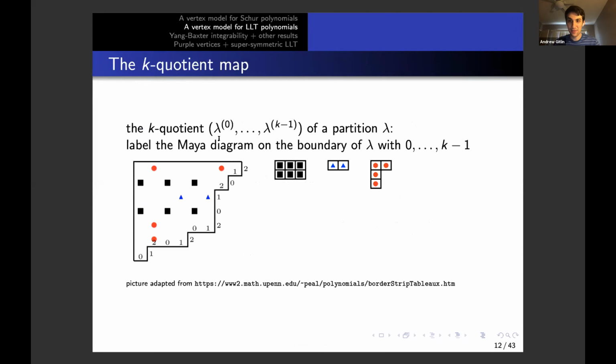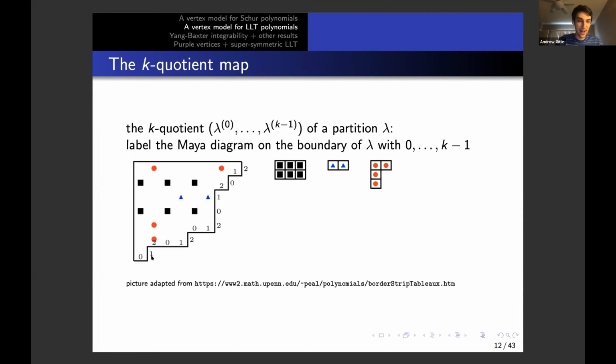So just to give you an idea of what this bijection looks like, if I give you a partition lambda and you want to compute the tuple of diagrams that correspond to that partition, what you can do is you can label the boundary of your partition with the numbers from 0 through k-1. And then you look at all of the boxes in the diagram where the row and column are indexed by the same number.